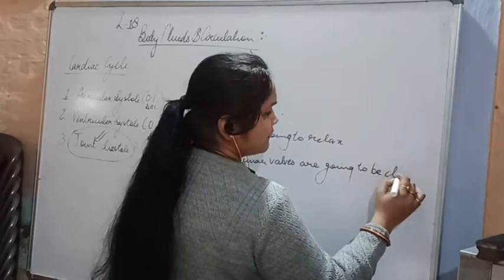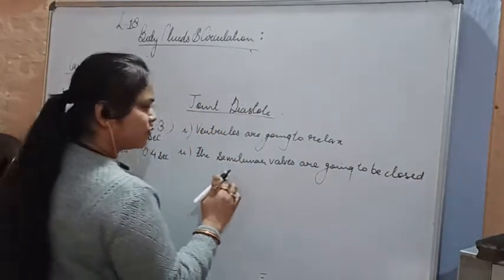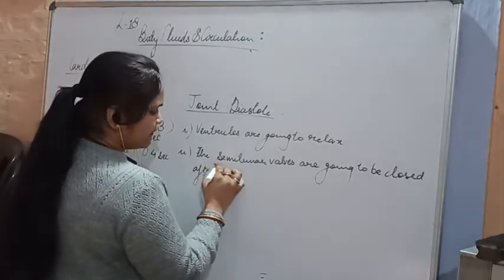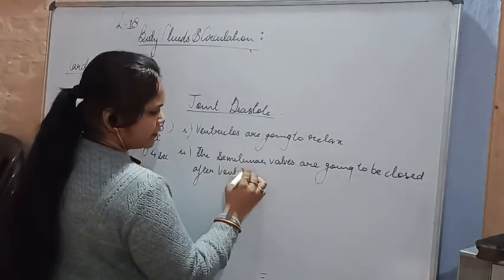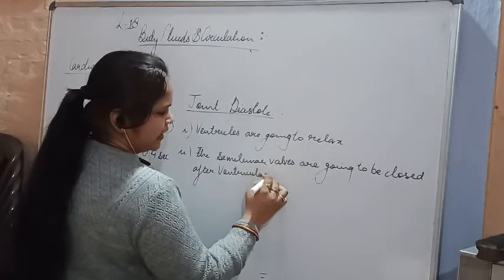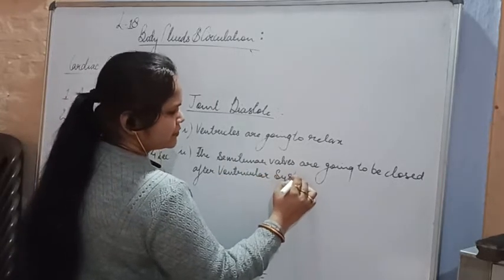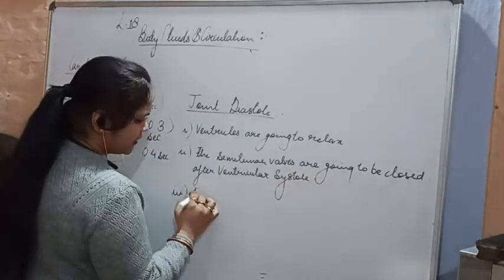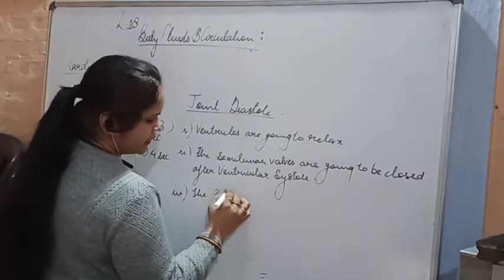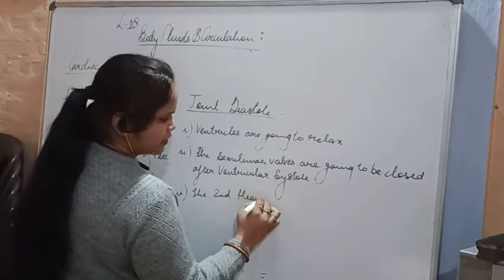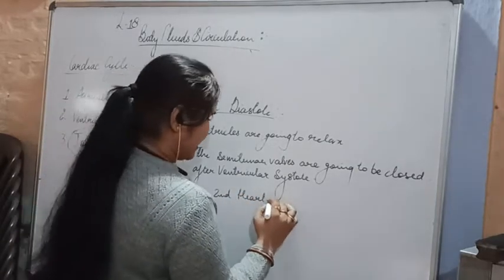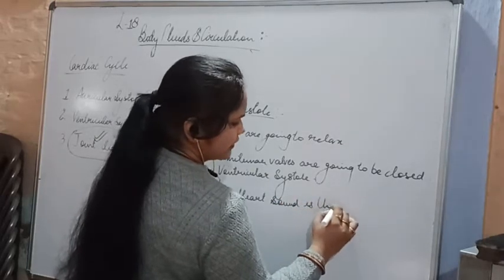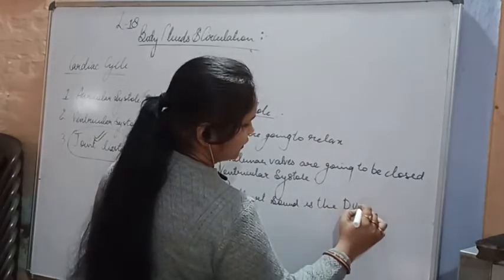Semilunar valves close after ventricular systole, and then it produces the second heart sound. The second heart sound is the dub sound we will hear.